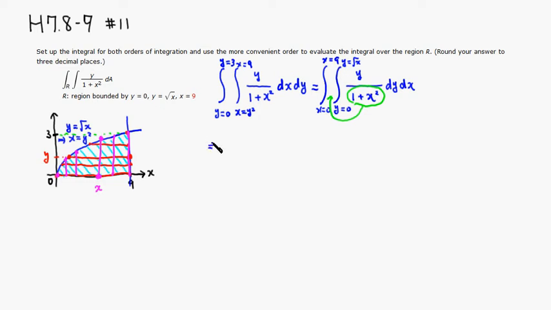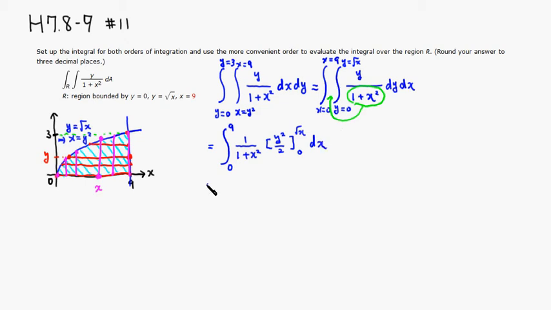So you have the integral from 0 to 9, then 1 over 1 plus x squared outside, then the antiderivative of y, which is y squared over 2, going from 0 to square root of x, dx.